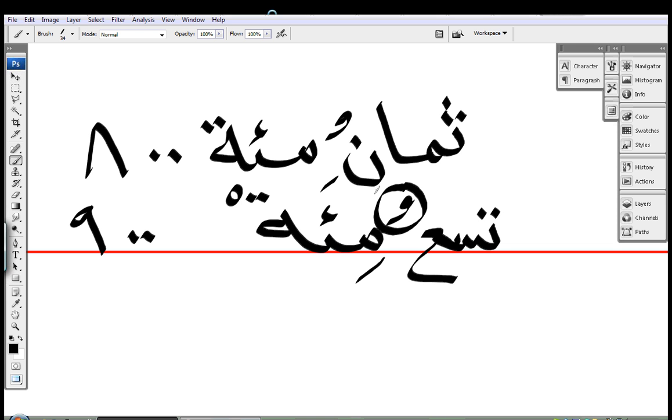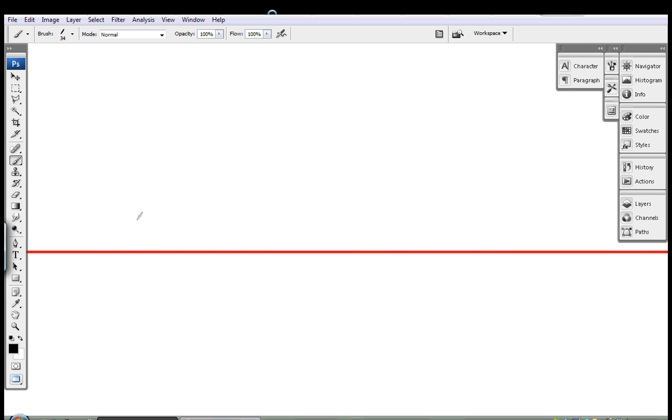Anyways, so 900. Now let's try to pronounce or read more complex numbers. So let's try this number 123.